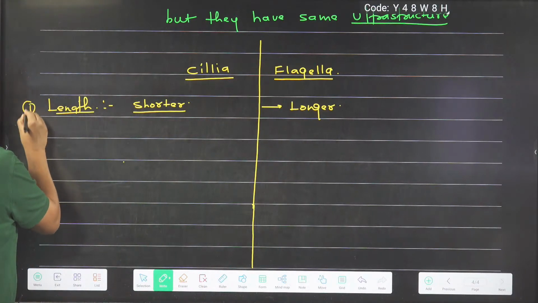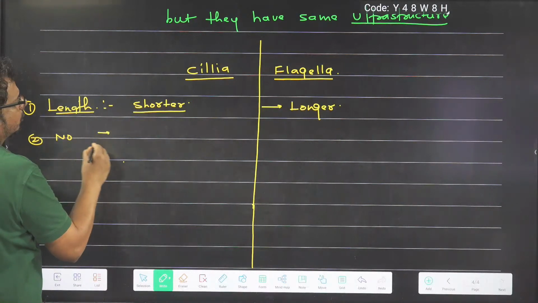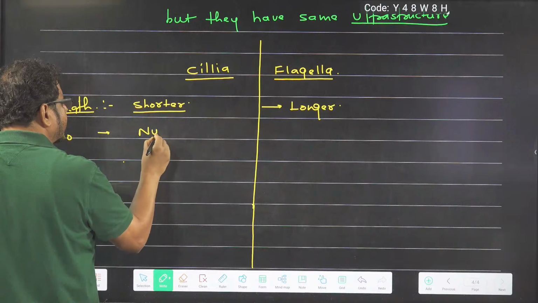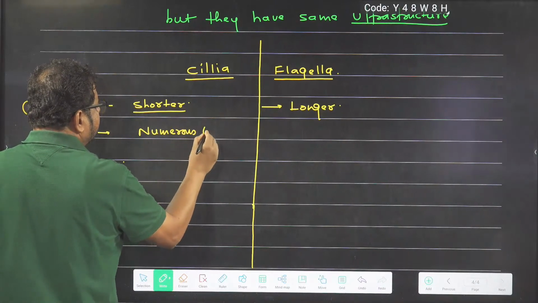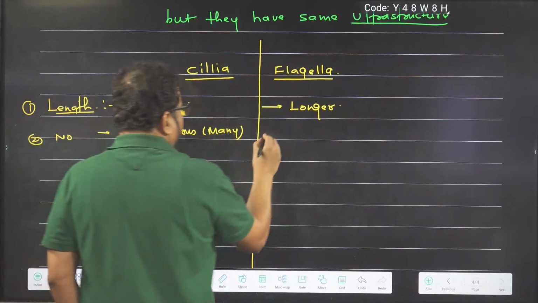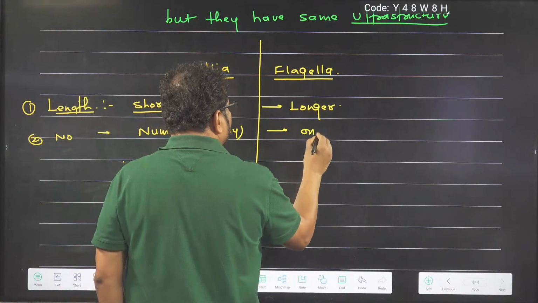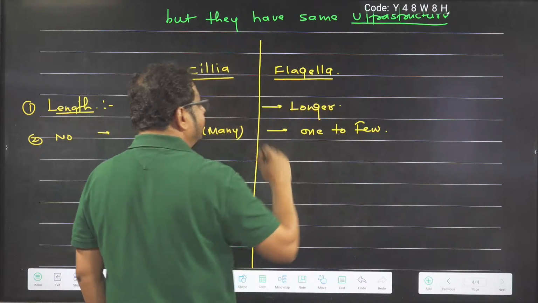Second difference is number. So cilia are numerous, means many cilia are present. Flagella are one to few. The number of flagella is not very high.